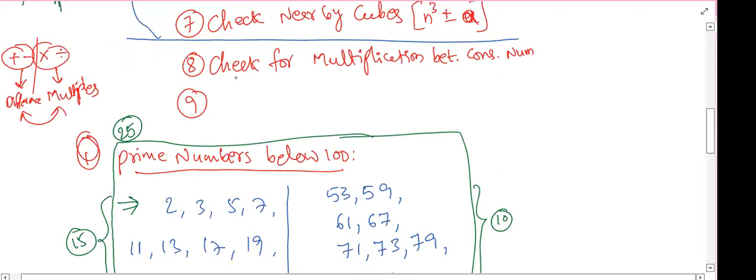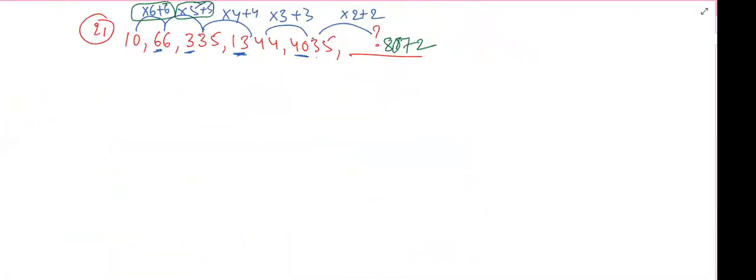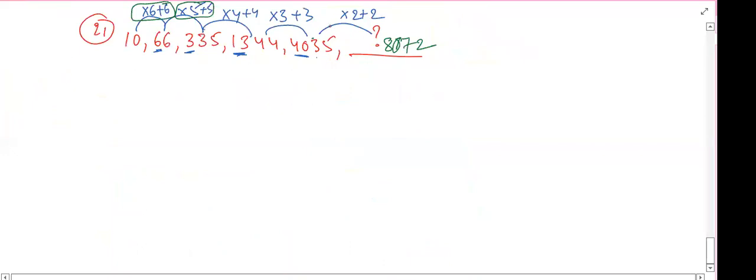Check for multiples between the consecutive numbers. If multiples are not matching, then check for the difference. How do we know whether we have to take multiplication or difference? I already mentioned: if at least into 2 is possible, then give priority to multiplication.